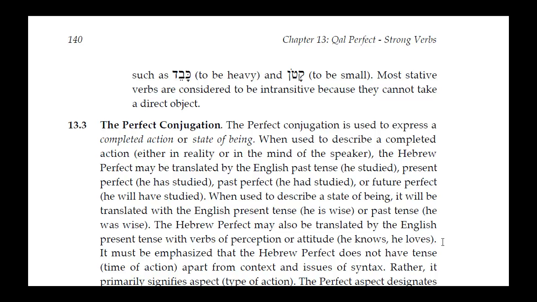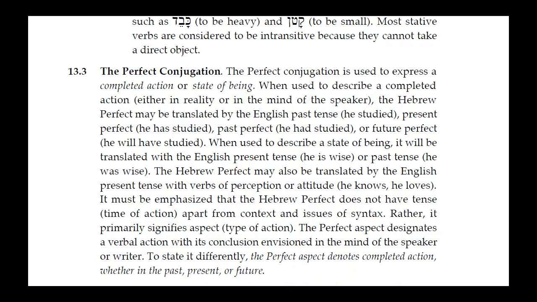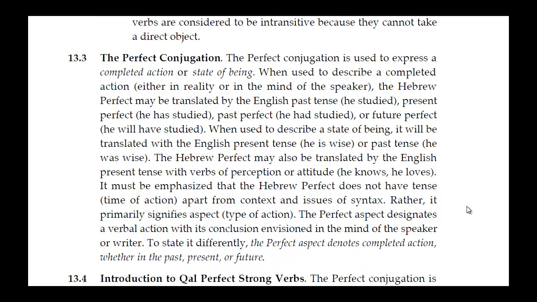Now let's get into the perfect conjugation here. Remember we have 8 conjugations, and the perfect is one of the 8. The perfect conjugation is used to express a completed action or a state of being.